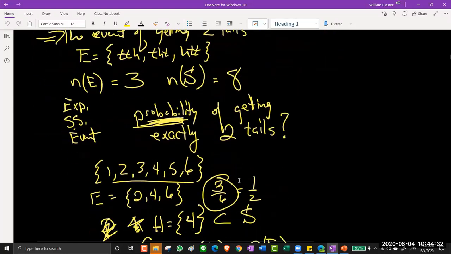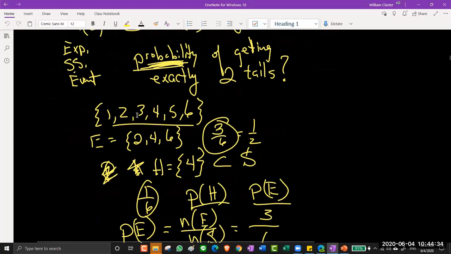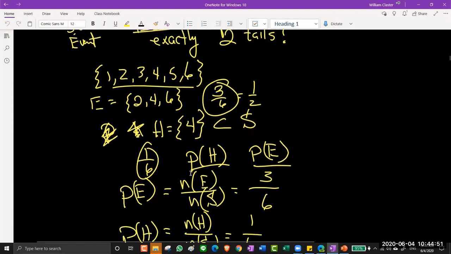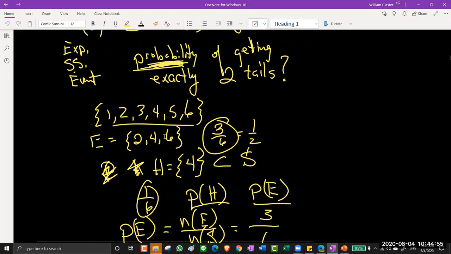And we said that, well, we looked at this problem first. We said, what's the event of an even number? And that was 3. We say it's 3 out of 6, or 1/2. And so we realized that to measure probabilities, we can use a very simple formula, which is just to count how large the event is compared to the size of the sample space. So this would be 3, and this would be 6.